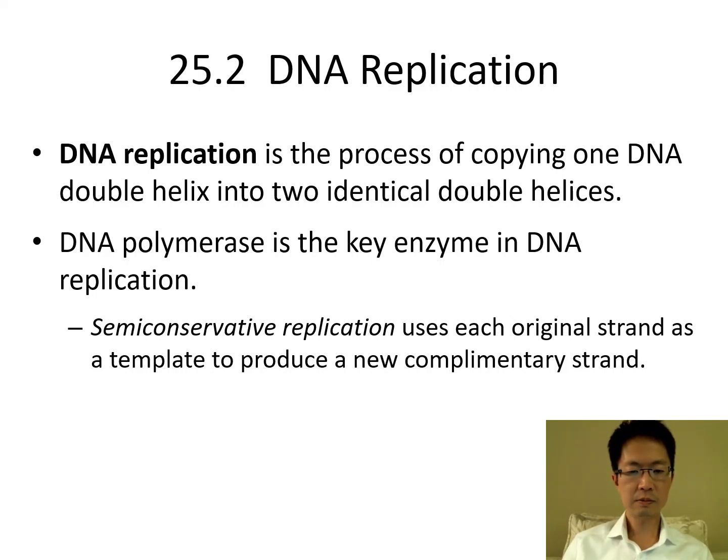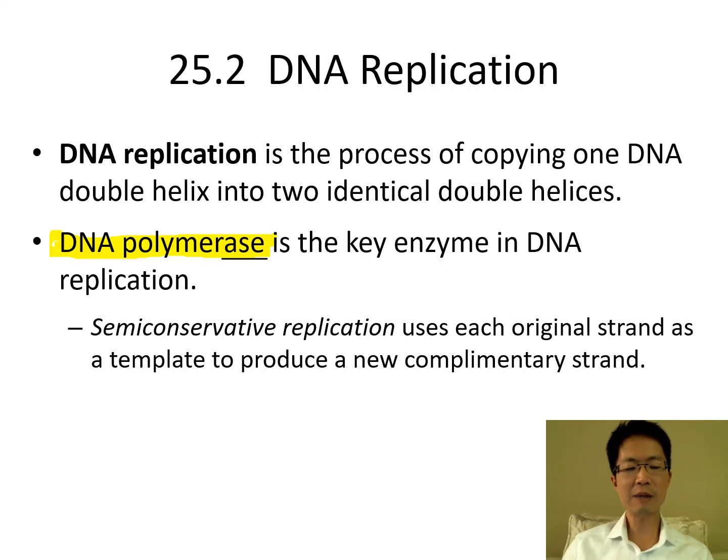So DNA polymerase is one of the 3 enzymes that I want you to memorize. DNA polymerase. So what is DNA polymerase? If you remember, in the previous lecture, I mentioned that whenever you see a word with the suffix ASE, that means it is an enzyme.